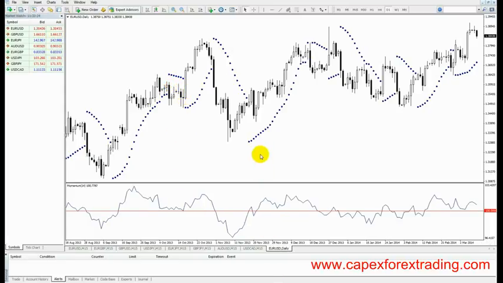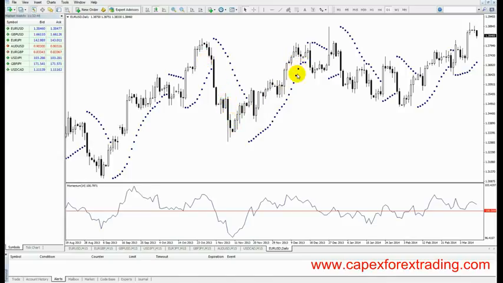Now the last way in which we can use the parabolic SAR is as a stop loss. What we would normally do in an uptrend is place stop losses just below these higher lows that the uptrend is making. Now when we trade downwards, what we would do is place a stop loss just above these lower highs that this downtrend is making.